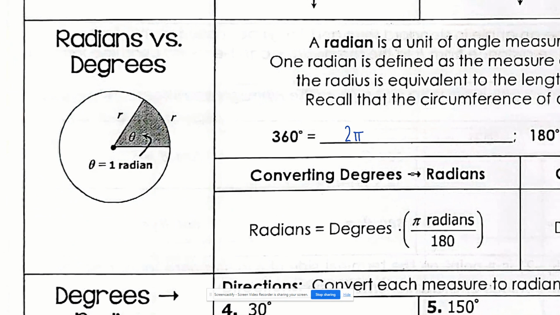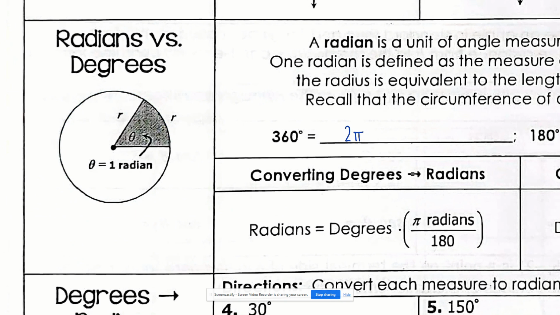Yes? If the radius was different, then yeah, you would do the r. It would be 2 times pi times 5, 10 pi. But we're talking in here about a unit circle where your radius is 1. So it's pretty much always going to be 1, in what we're doing, for sure.